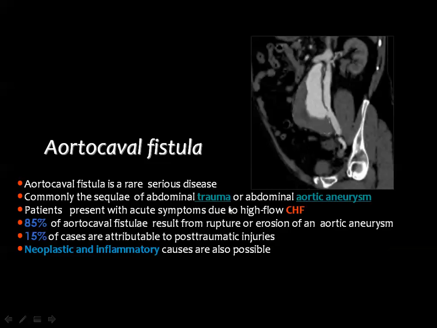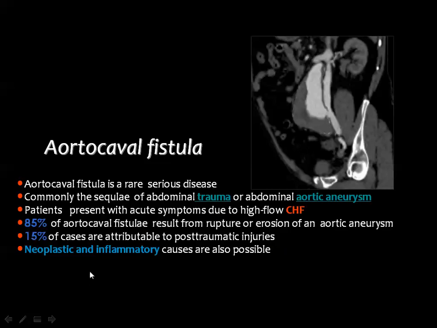The less common cause is trauma. And this fistula will result in acute symptoms due to high flow congestive heart failure. 85% are due to the aneurysm and 15% are due to trauma.